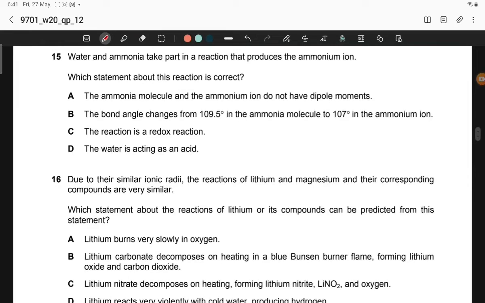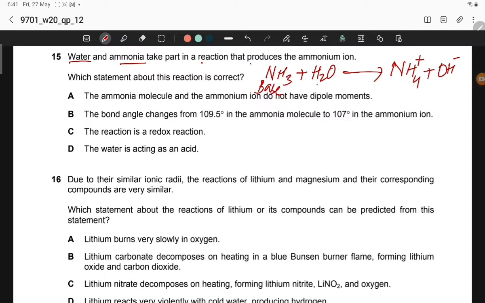Question number 15. Water and ammonia take part in a reaction that produces the ammonium ion. Which statement about this reaction is correct? Ammonia plus water forms the ammonium ion plus OH- ion. So this is a base, and this acts as an acid.